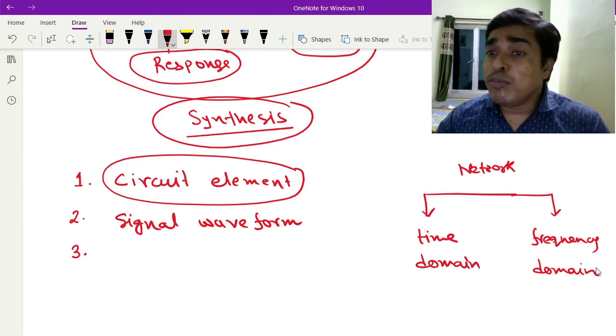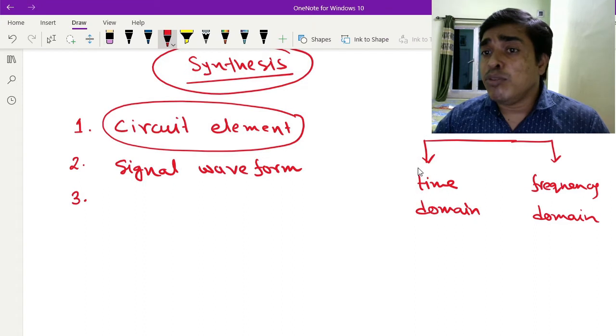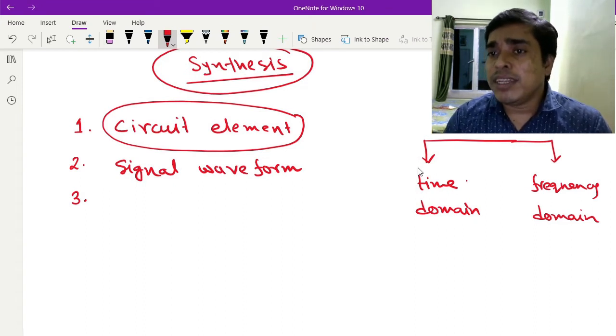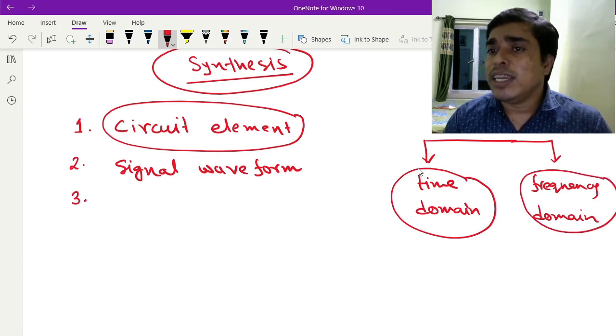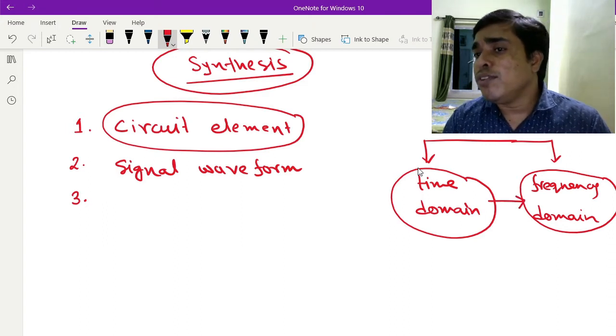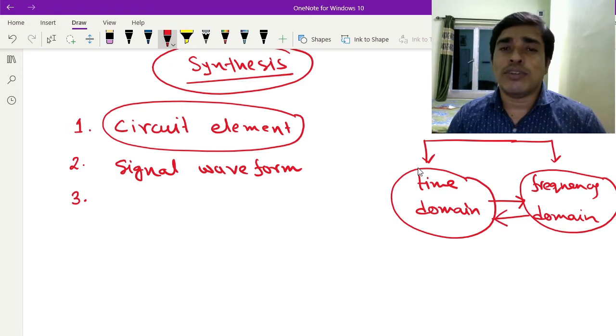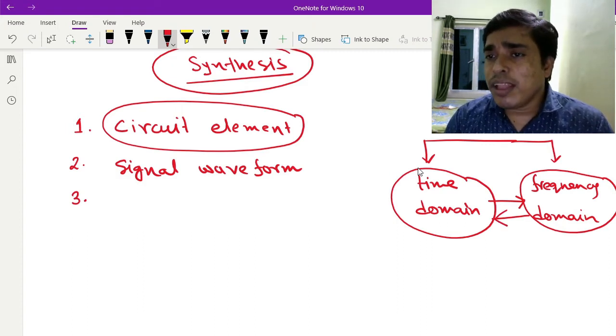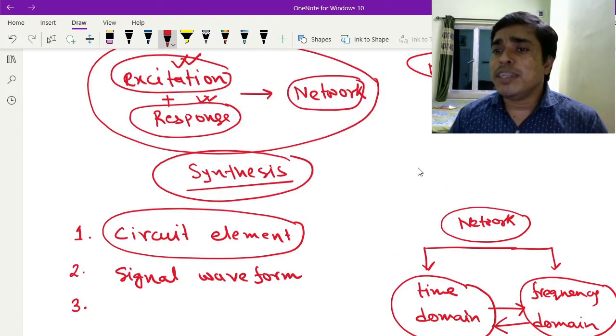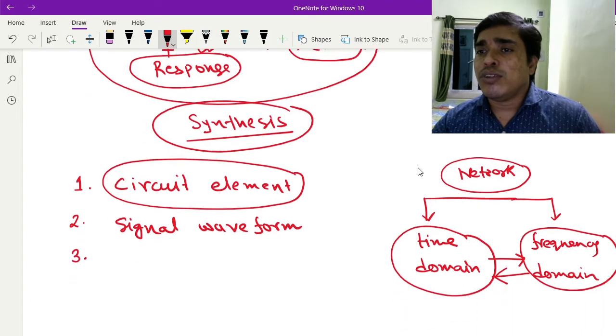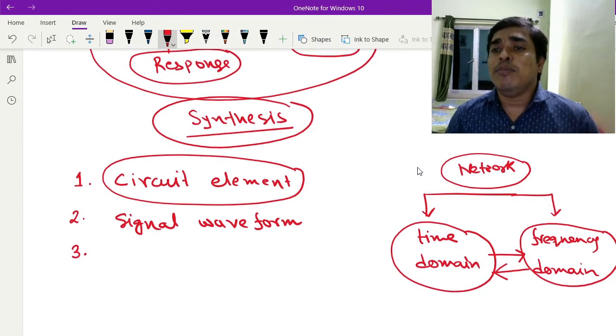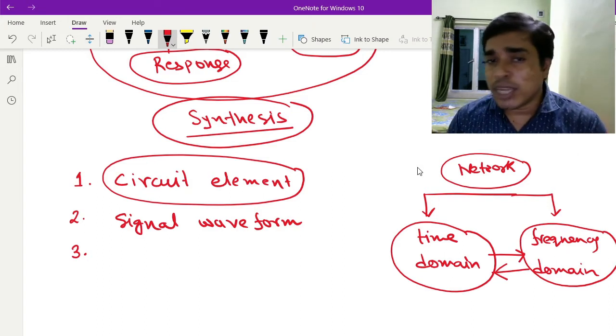So we have to know some mathematical tools so that we can transform a time domain function into a frequency domain function, or a frequency domain function into a time domain function.